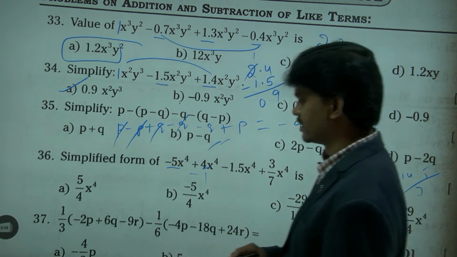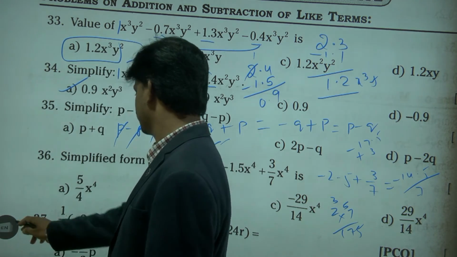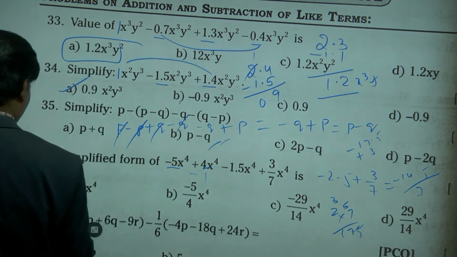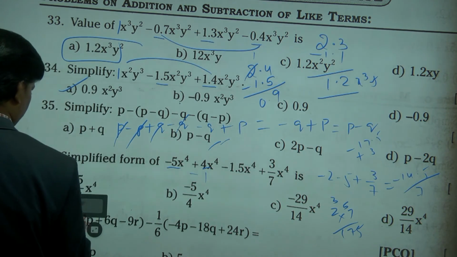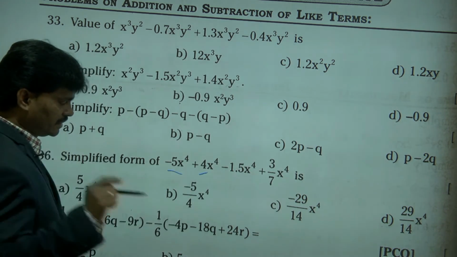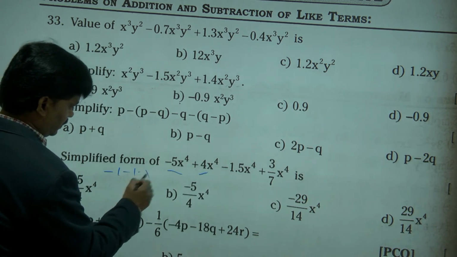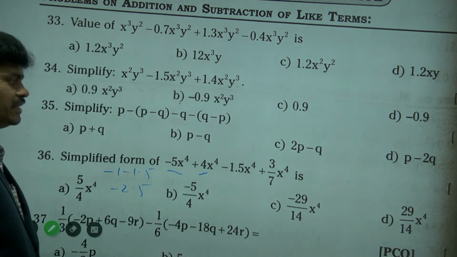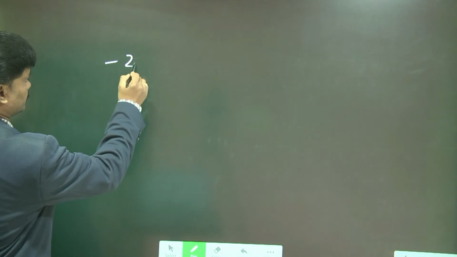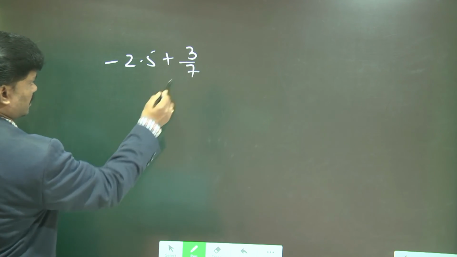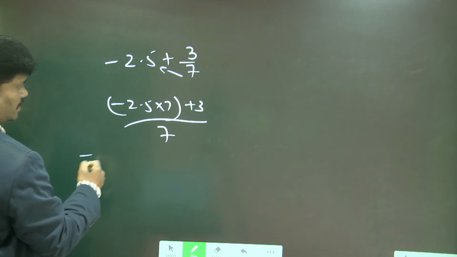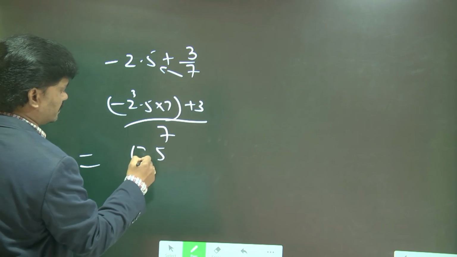So let's do the simplification on the board. Minus 5 plus 1 is minus 1, minus 1 minus 1.5 is minus 2.5. Minus 2.5 plus 3 by 7. We have to simplify that. Just cross multiply. 7 fives are 35. 14 plus 3 is 17.